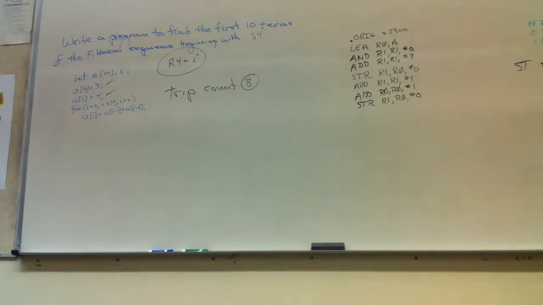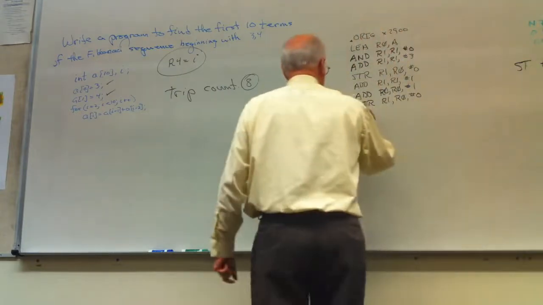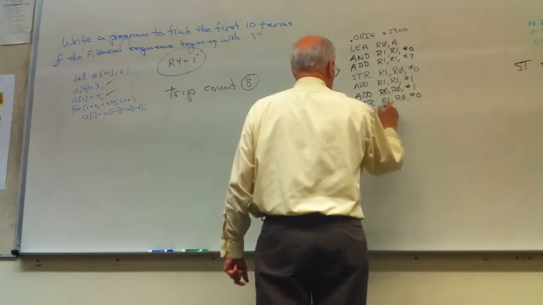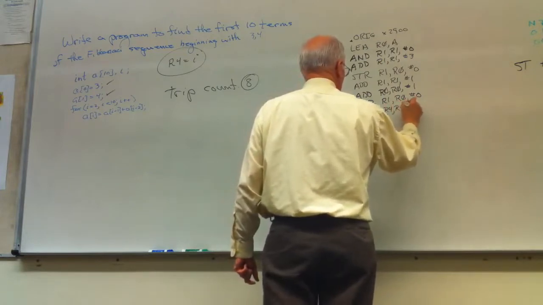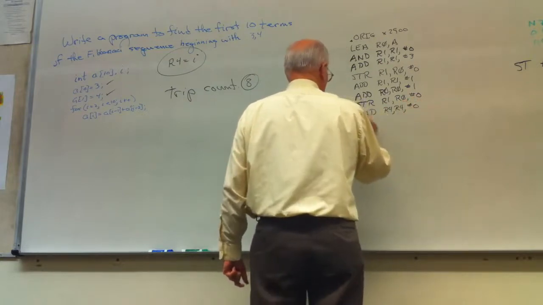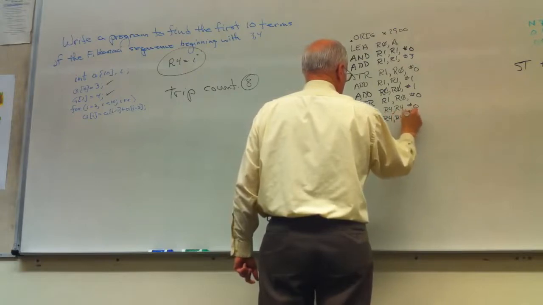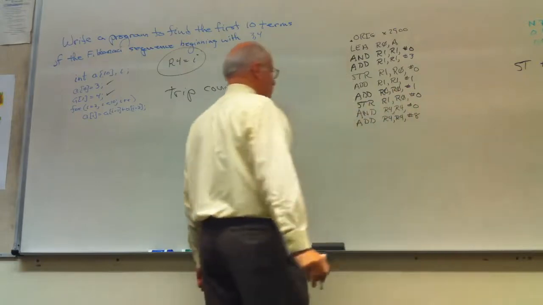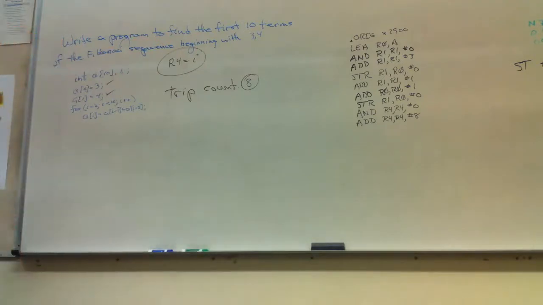Okay, now, register 4, we need an 8 in register 4. Well, we've got this same trick. We clear it, and we add an 8. Okay, that sets up my count through the thing.